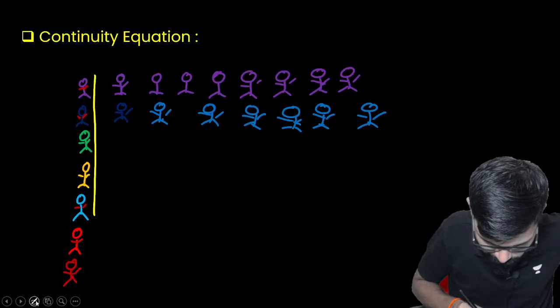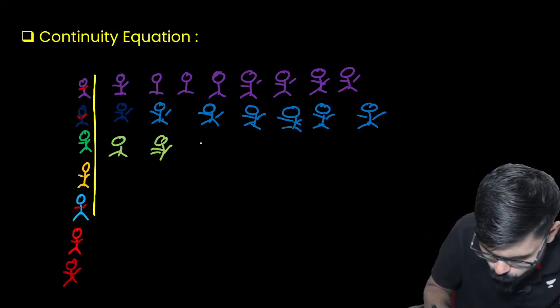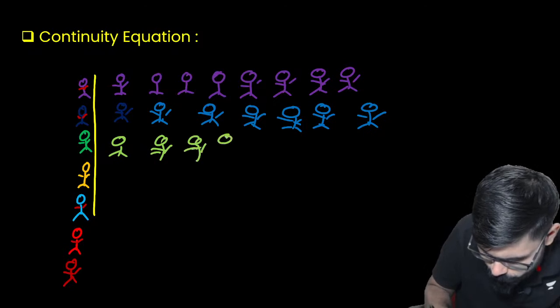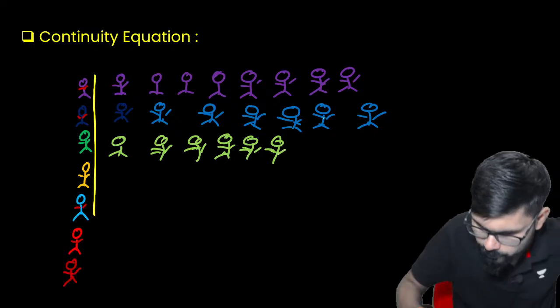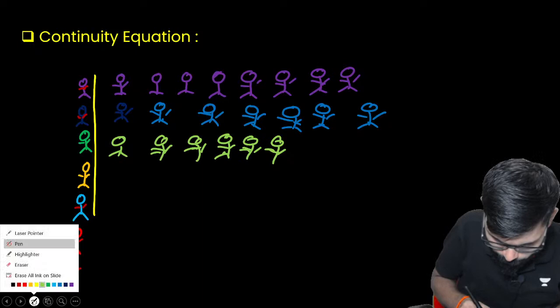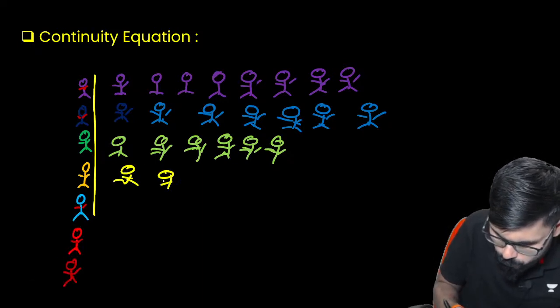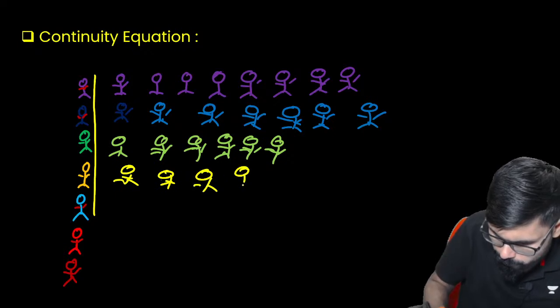Then a green person will be somewhere here, like 1, 2, 3, 4, 5, 6. Then he will be 5. 1, 2, 3, 4, 5.